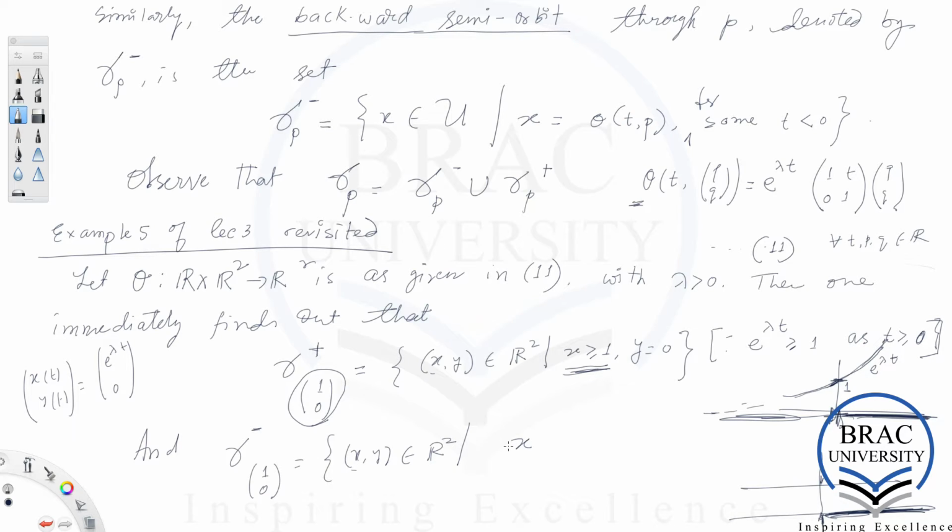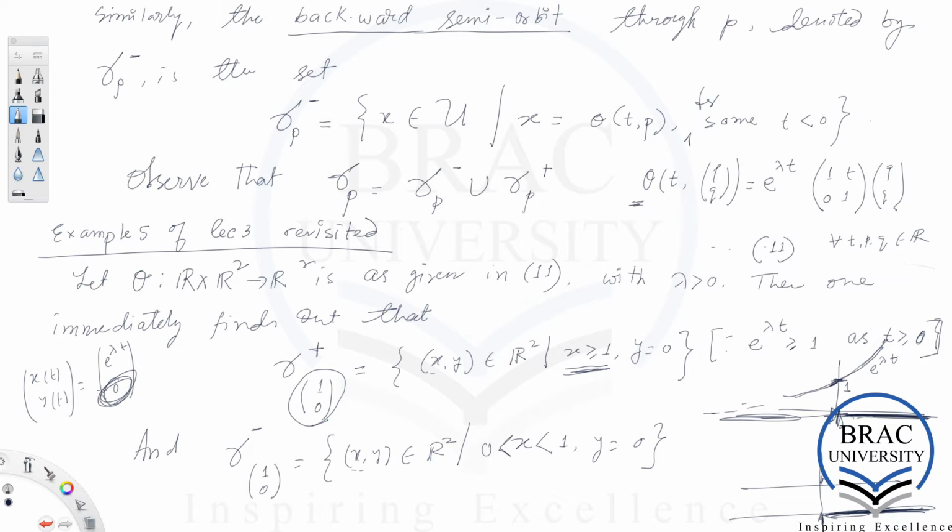So we take all the vectors of R2 for which the x component lies between 0 and 1, and the y component is identically 0.